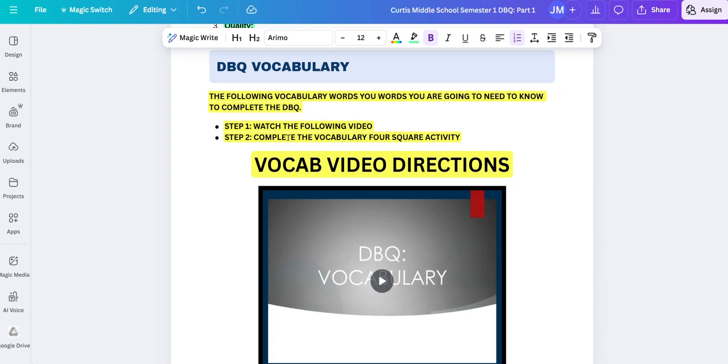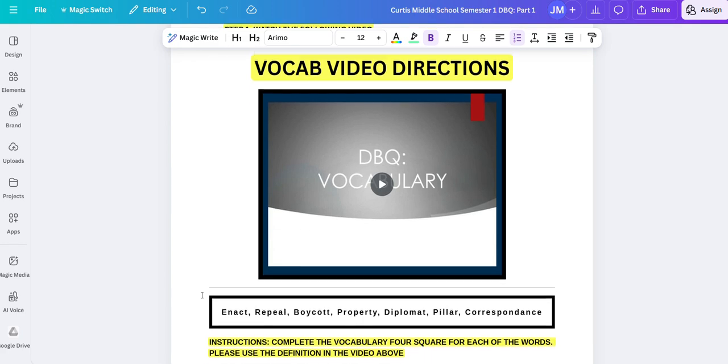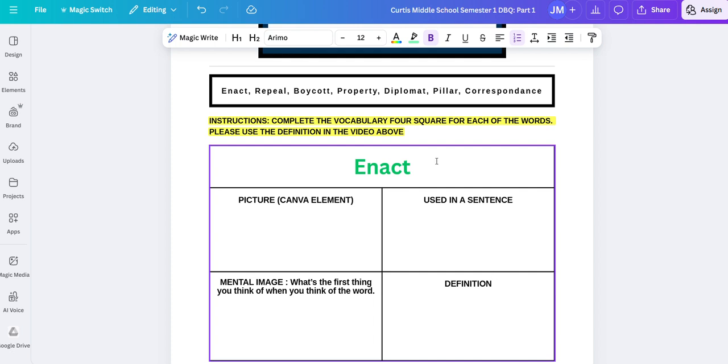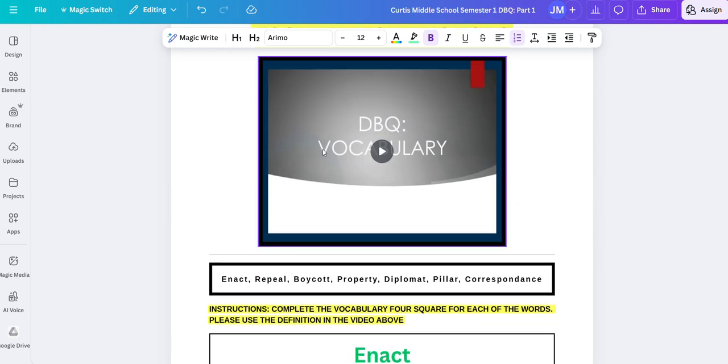So step 1, I need you to watch the vocab video. The vocab video is going to give you the words and also give you the definitions that you're going to put down in your Foursquare activity. The Foursquare activity follows, and this is the part that you're going to fill out after you watch the video. Like I said, the directions are more in detail in this video up here that you're going to watch.